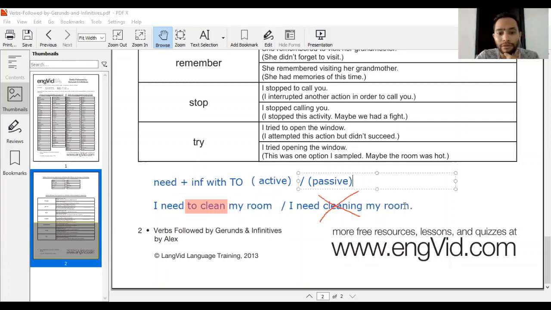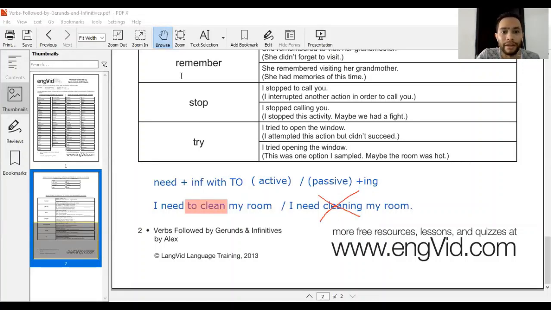When we have need as passive, we can use the ing form. You can also use the to form, I mean the infinitive form, but here we use the ing form. So let me give you the example. So this is the incorrect one.